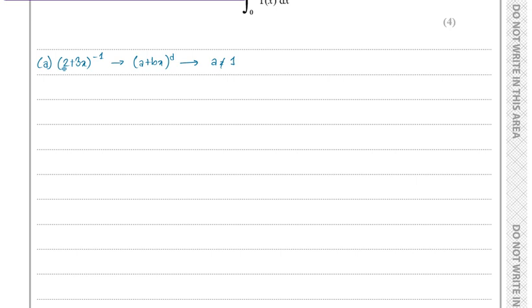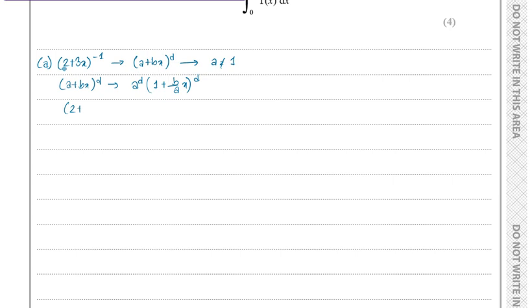When a is not equal to 1, or when the expression doesn't have a 1 in it, we have to bring a 1 in. So when a is not equal to 1, for the expression (a + bx)^d, we take the a out, and since there are indices over the expression, we write a^d, then the bracket 1 plus b/a x, to the power d.